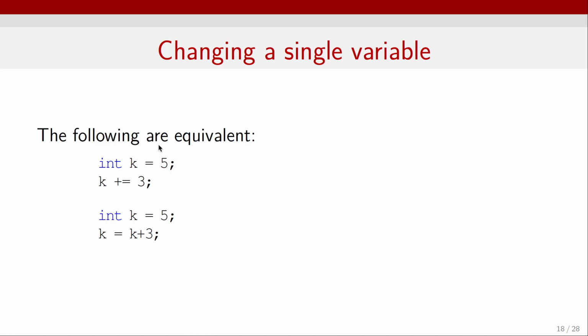The following pieces of code are equivalent. So if I have k plus equals 3, it's the same as saying k is k plus 3. So that takes k, adds 3 to it, and sets that equal to the new value of k. So k becomes 8.